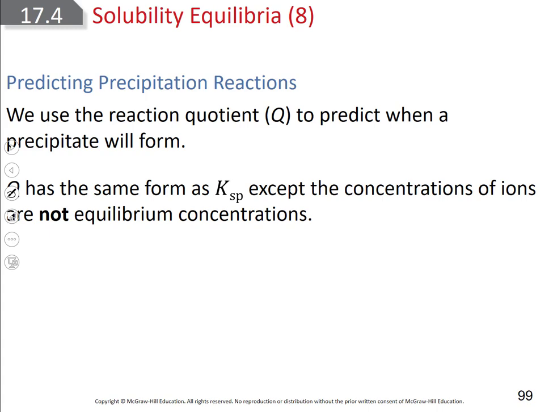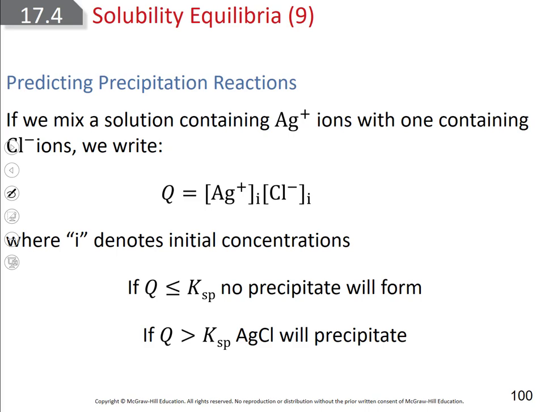So that's what we're trying to do here, determine at what point we start to see a precipitation in one of these reactions. Let's look back at silver chloride, which was one of the solids that we formed in the lab on families of elements. Q is calculated the exact same way as K, concentration of products over concentration of reactants.